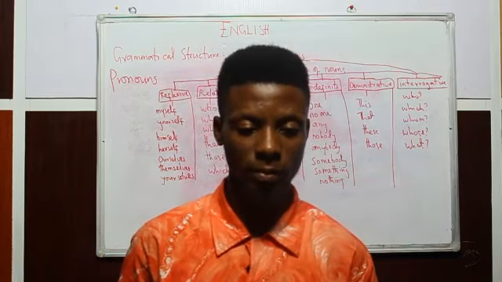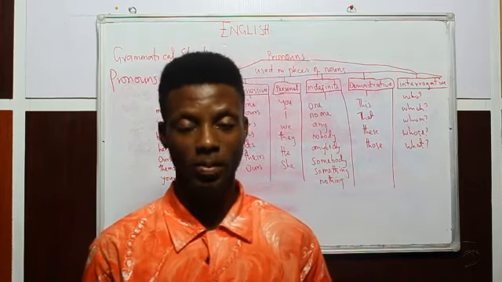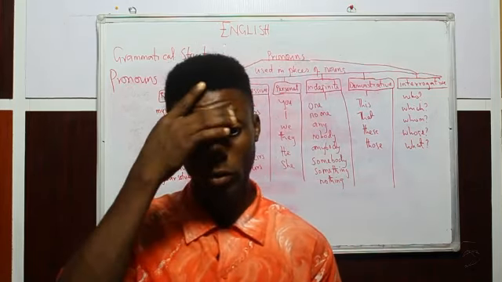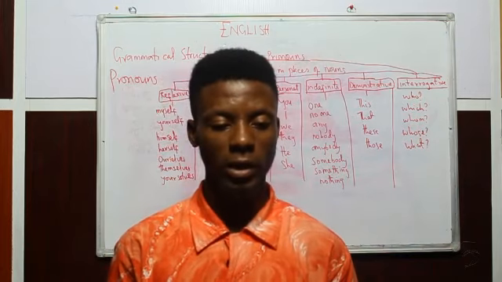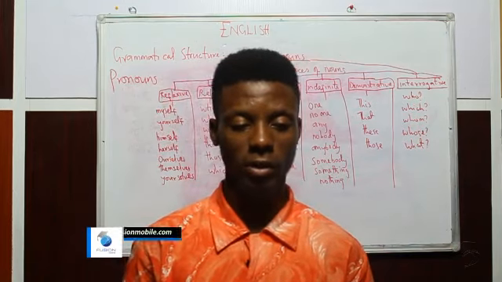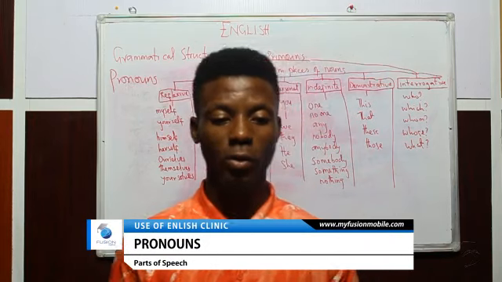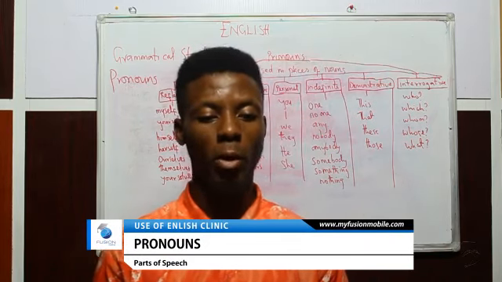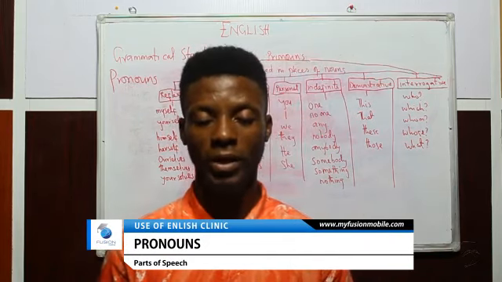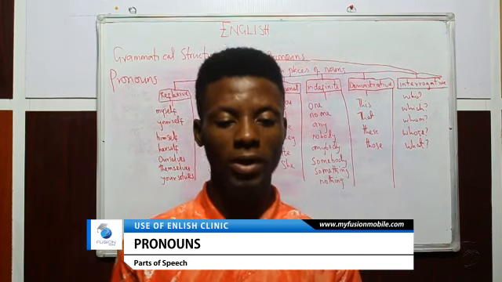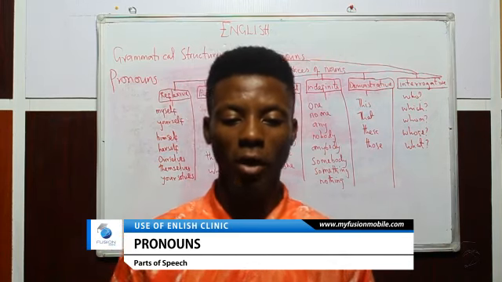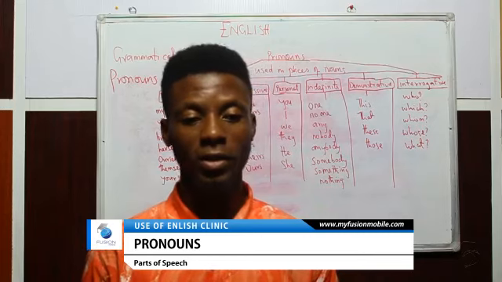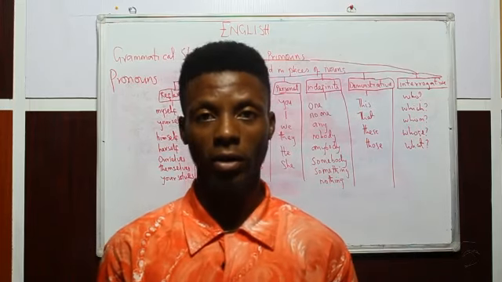Consider the sentence: The students have been expelled. Now let's take a look at the second example: The students who were publicly flogged have been expelled. Who were publicly flogged is giving more information concerning the students that were expelled.